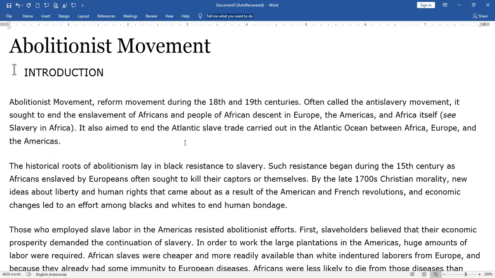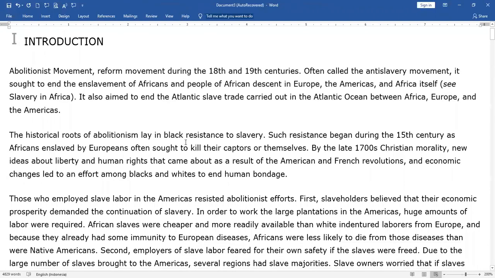It sought to end the enslavement of Africans and people of African descent in Europe, the Americas, and Africa itself. See slavery in Africa. It also aimed to end the Atlantic slave trade carried out in the Atlantic Ocean between Africa, Europe, and the Americas.